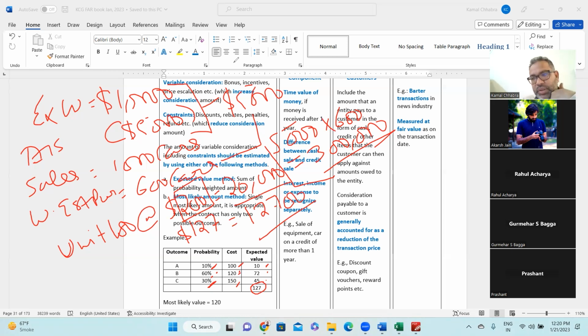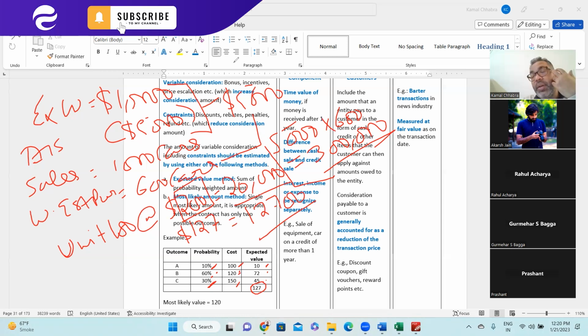In the expected value method, you have different probabilities of collection or recognition, and accordingly you give weight to the respective probable amount to calculate the expected value. And within this, if somebody asks you to use the most likely method, it is where the probability is more than 50%.